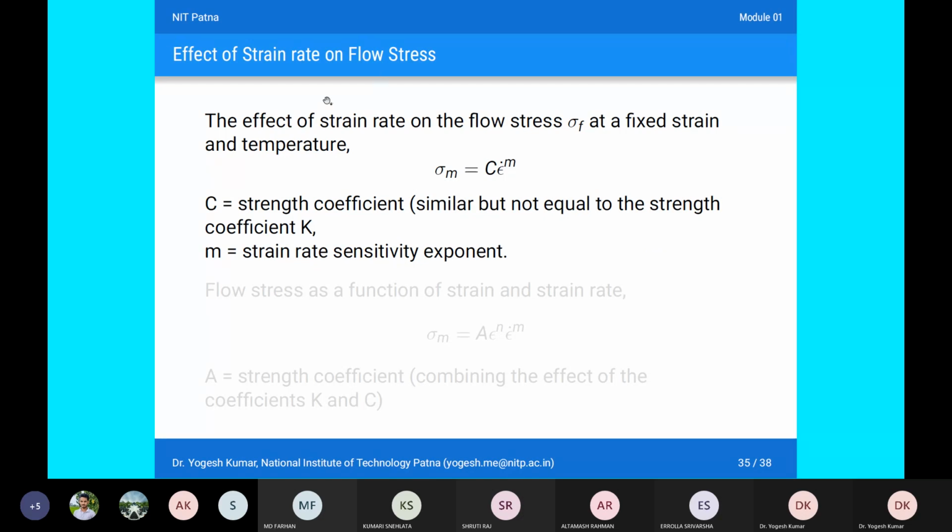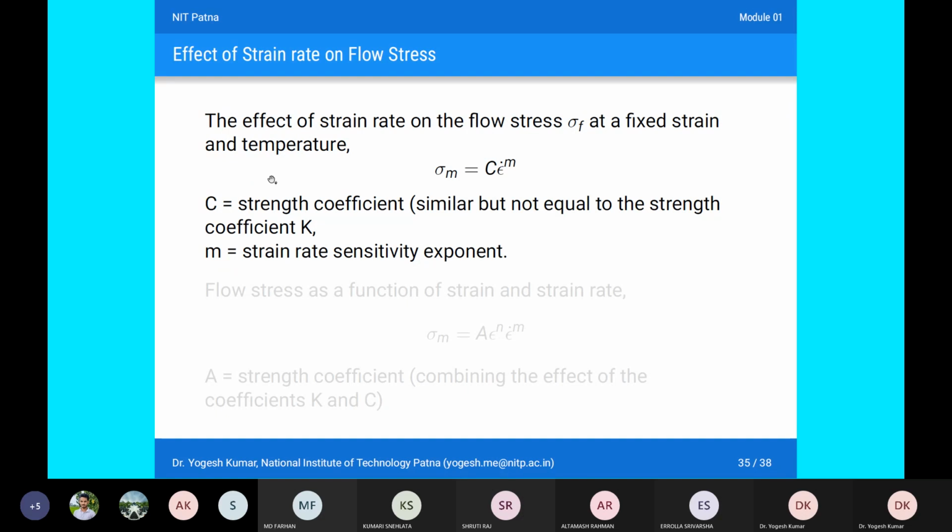The effect of strain rate on flow stress, that is sigma f, at fixed strain and temperature, may be given as sigma f equal to C multiplied by epsilon dot raised to the power m. Here C is again a strength coefficient.